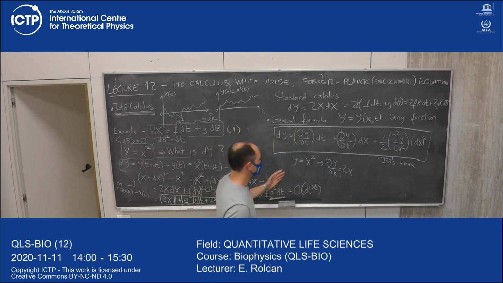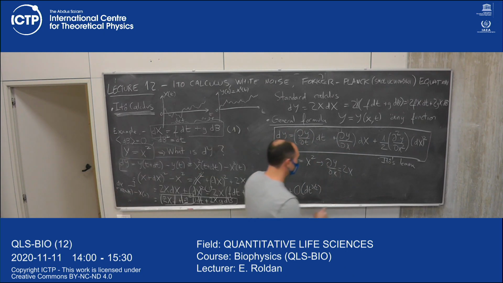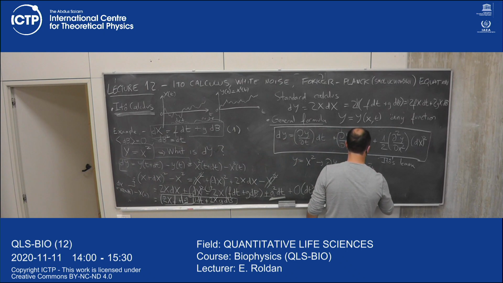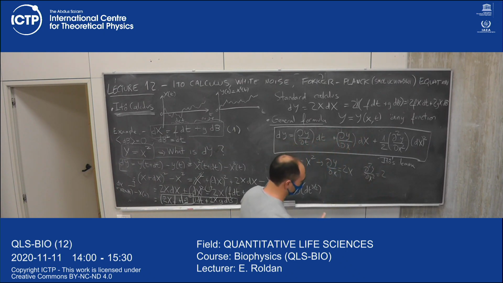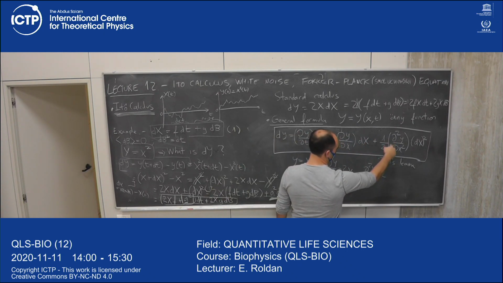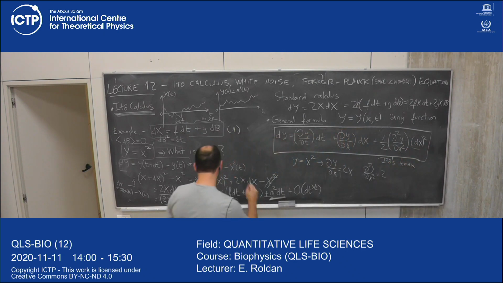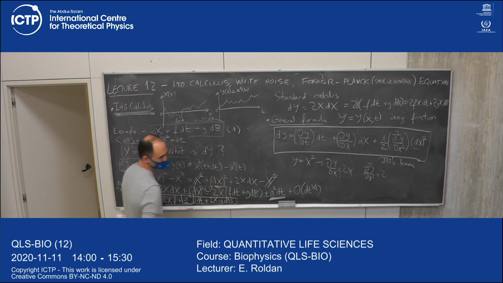So there should be 2x dx, which is here, you see, no? But the second derivative with respect to x squared is 2. So you put a 2 and a 1/2, it cancels, and you have the term dx squared, which is what appears here in the formula. You see it, no?